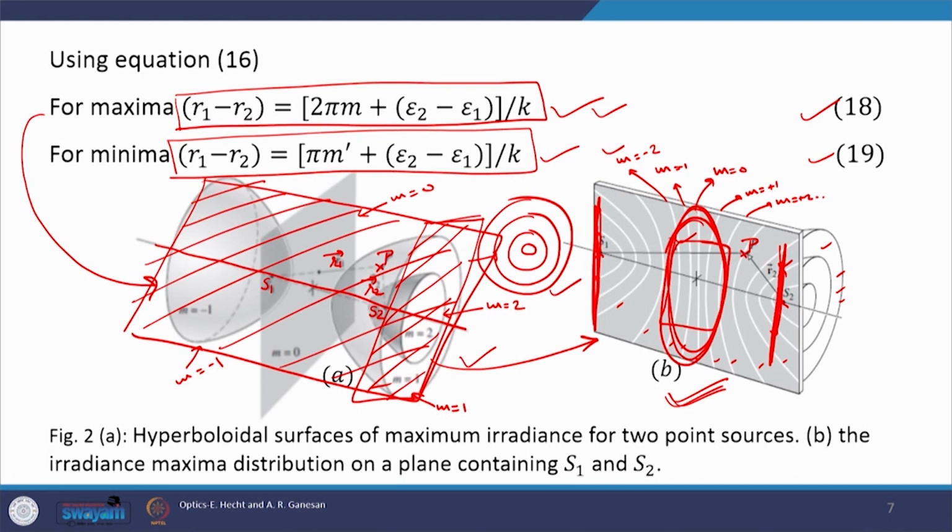This will therefore increase the irradiance, or the brightness, of the bright fringes, the bright vertical lines.